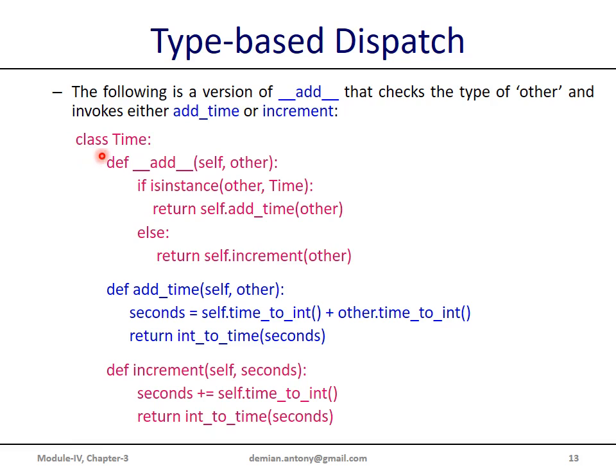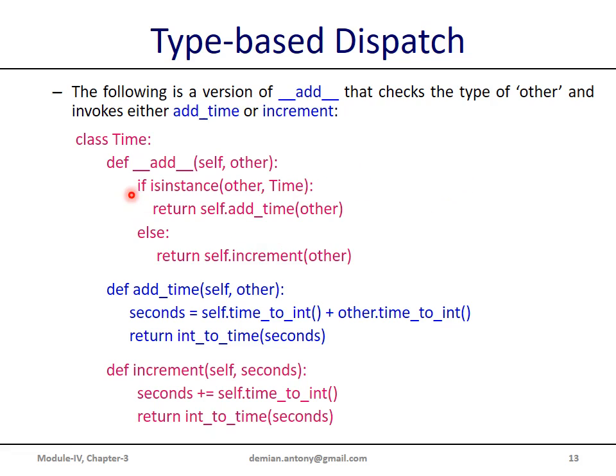We define a class Time with the overloaded method for operator add, and we want to add two objects if two parameters represent the objects. Otherwise we want to add the seconds, in order to increment the time.